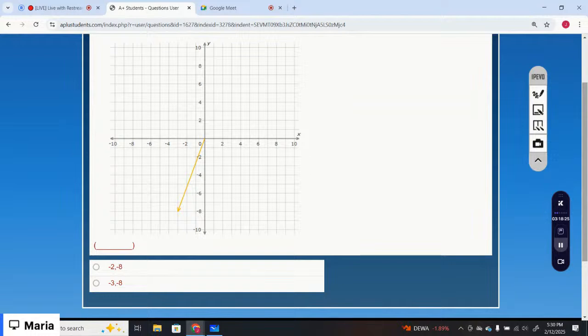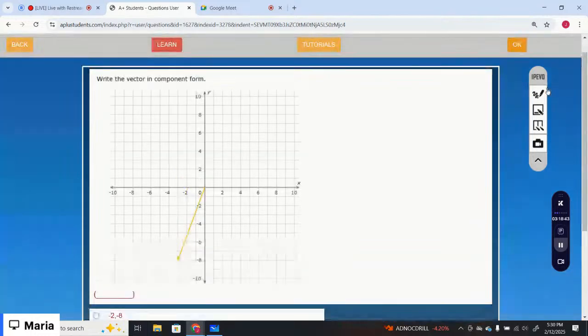That is negative 3 and negative 8. Option number 1 is the correct option.